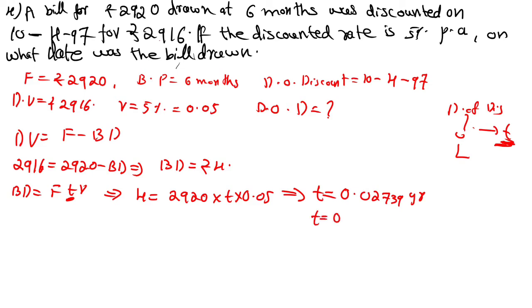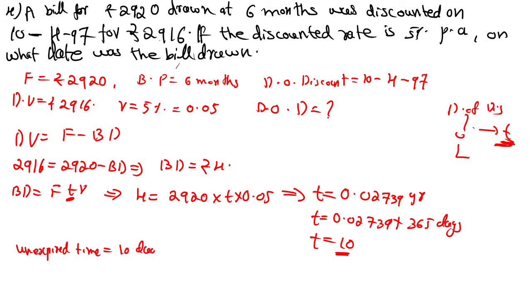So 0.02739 into 365 days, right? That will become days. You will get T value is equal to 10. It's approximate value. If you use calculator, you will get T equal to 10 itself. Now see unexpired time equal to 10 days. 10 days remaining for legally due date.